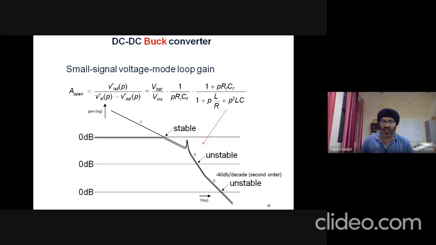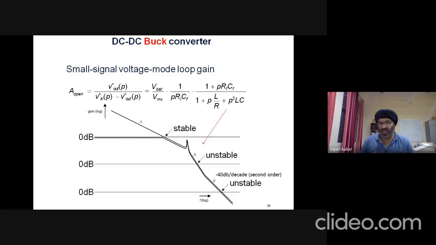So open loop gain, we are talking about not feeding anything back, so the output divided by the difference. If we plot it from this frequency over here to this frequency over here, this system is stable.